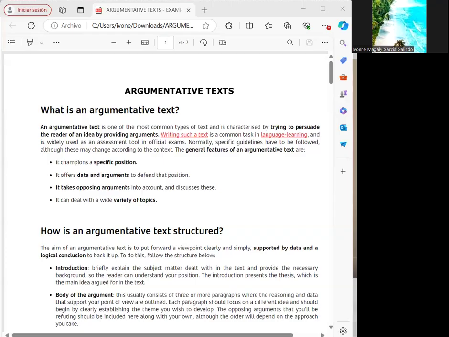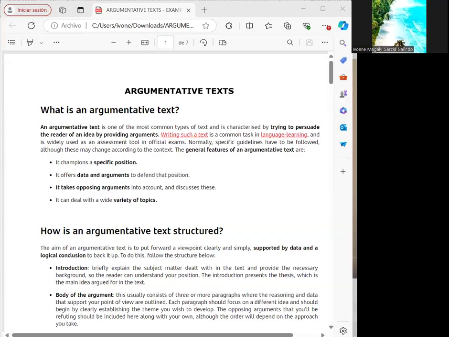What is an argumentative test? So remember, it is important to say this because most of you send papers with informative tests, which is different. It's a different approach. An expository test and an argumentative test.